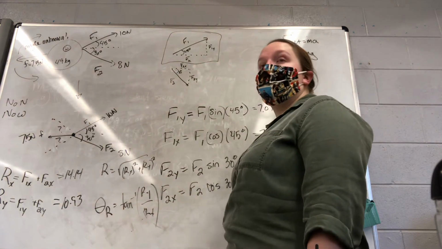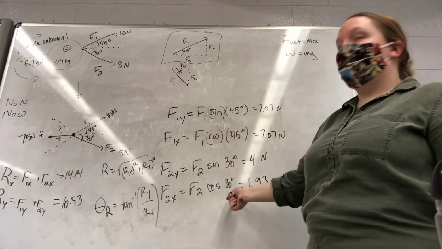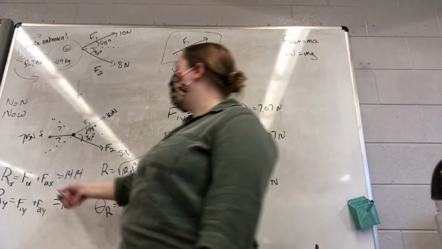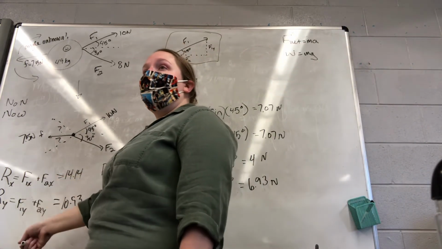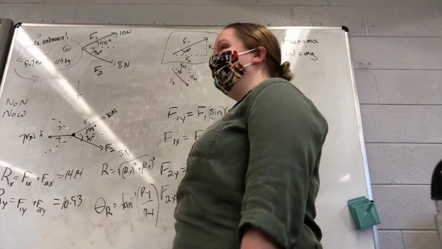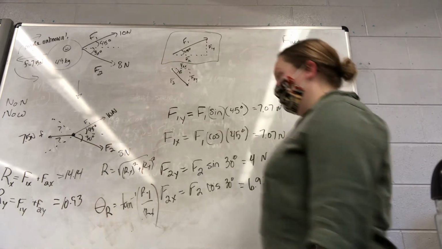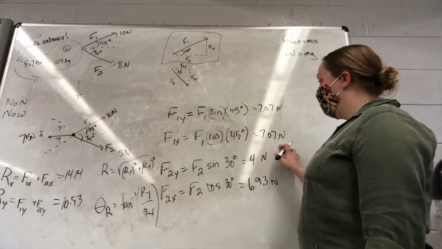Then you're doing theta and r. Once you have these, the next thing to do is to figure out what the total x and the total y are. So you're going to add all your x's together, add all your y's together to get your resultant x's and y's. I did 7.07 plus 7.07, so it should be 7.07 plus 4 for x.